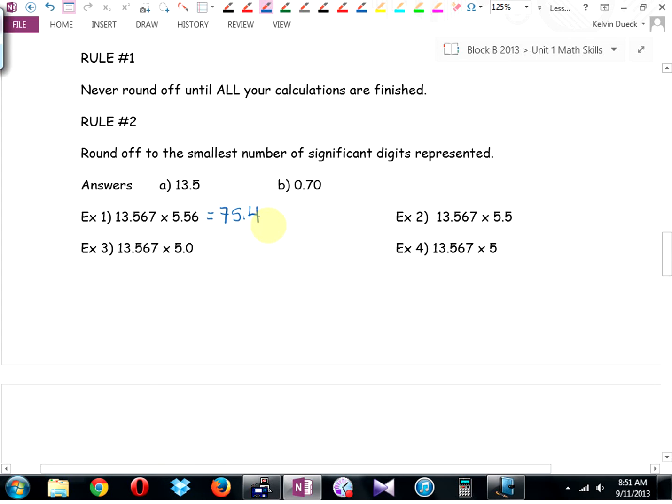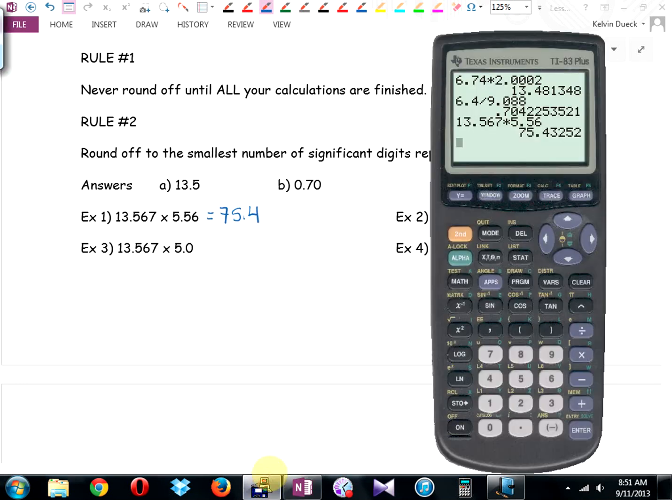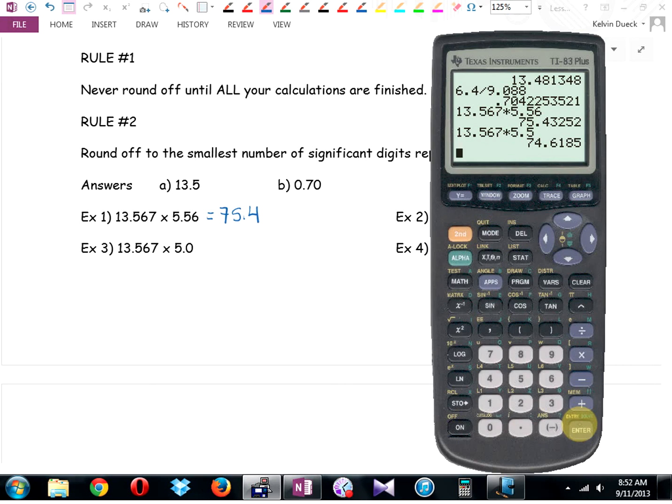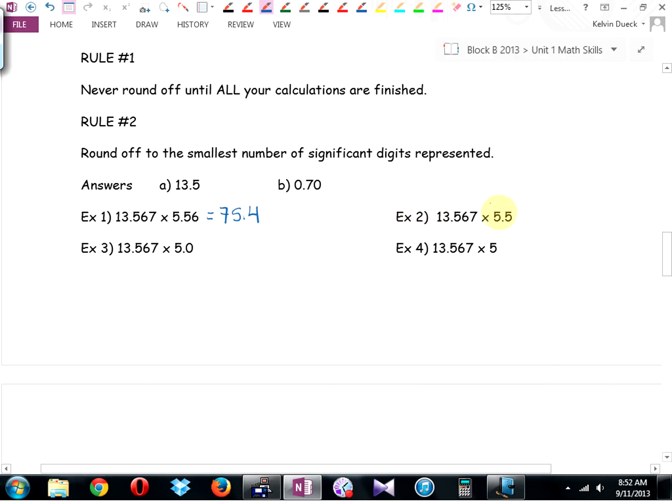Scooch across to example 2. How many sig figs am I going to round off to here? 13.567 times 5.5. 75. Not 74, right? 75 because there's a 6 next to the 4.